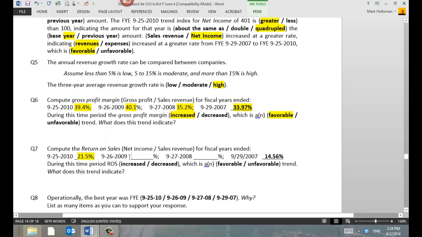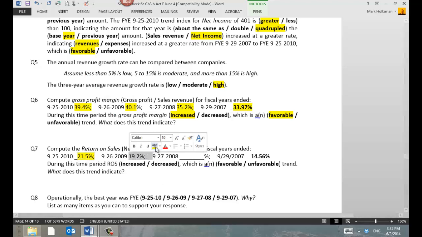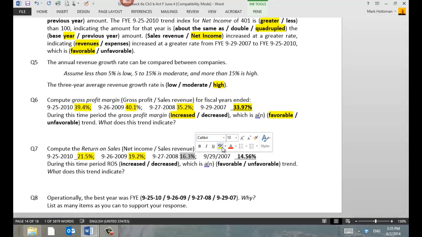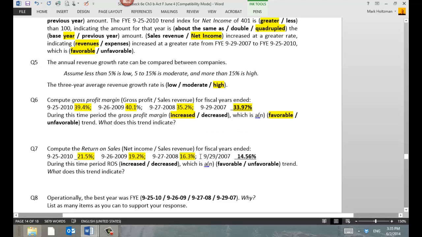And for 2009? 19.2%. And for 2008? 16.3%. And for 2007 is given 14.56%. So we look at the numbers.